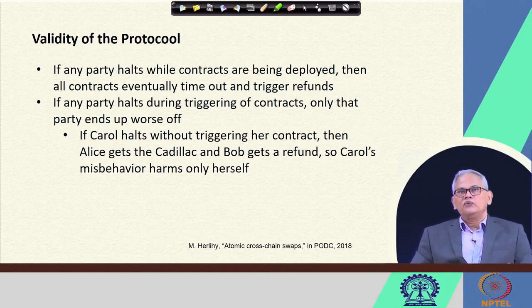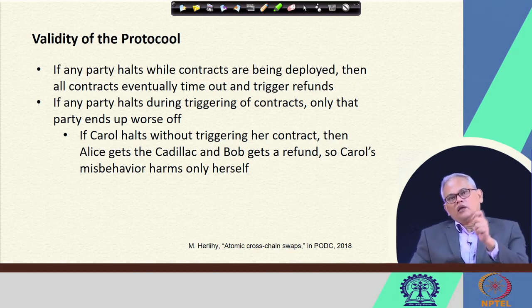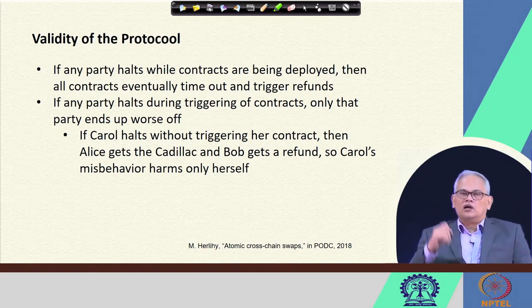So, for example, say Alice revealed that key S and got Carol's car title. Alice has got the Cadillac, but then suppose Carol is not doing anything even after S was revealed. She knows S, but she is not proceeding with claiming the Bitcoins from Bob's contract.